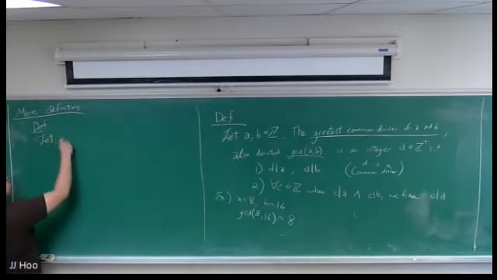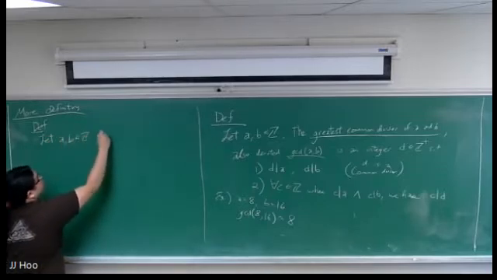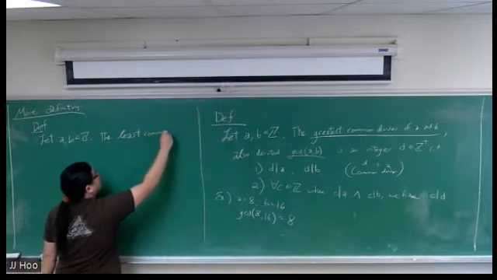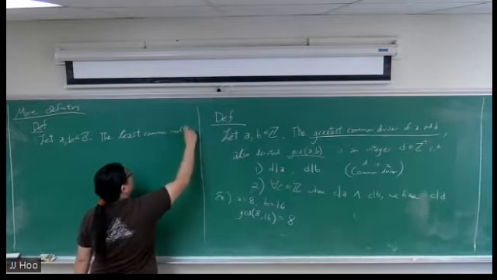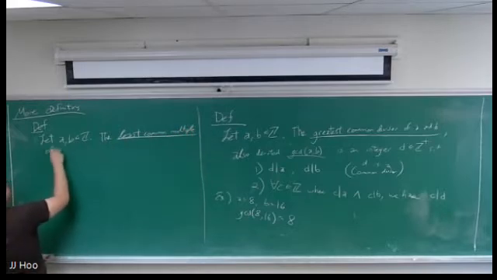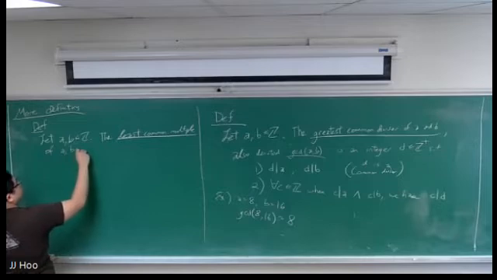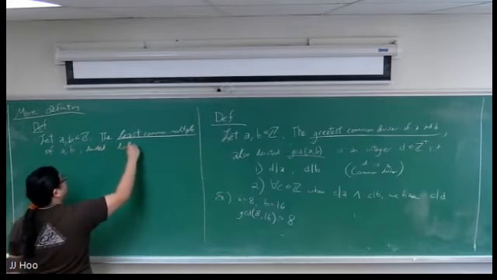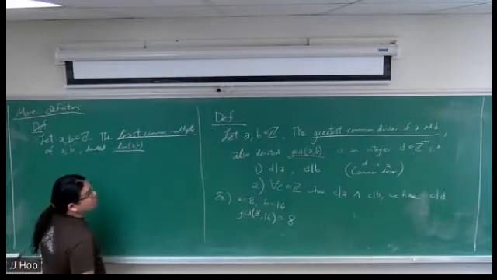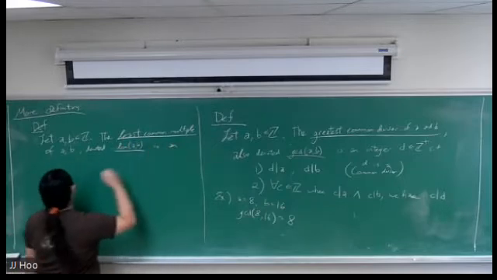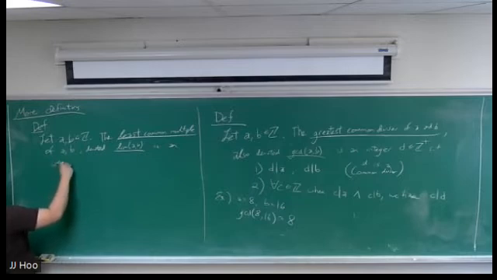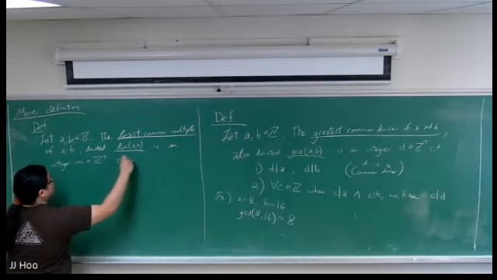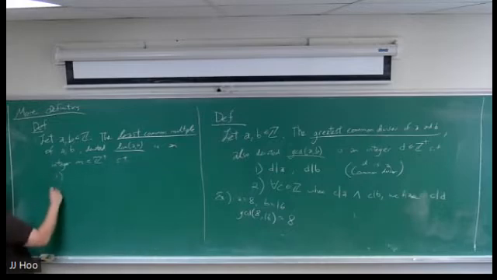So letting A and B be integers, the least common multiple of A and B, then you might guess, this is the LCM, is an integer M such that I'll use two things again.